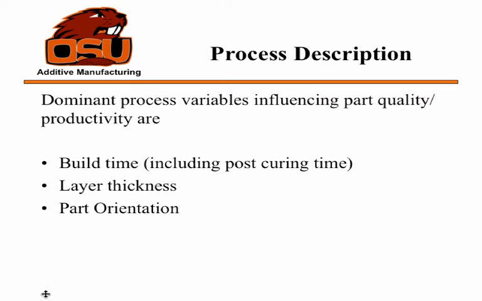By overcure I mean the excess depth to which the laser cures the polymer, apart from the layer thickness, after it cures the layer. Then part orientation, and as usual layer thickness.